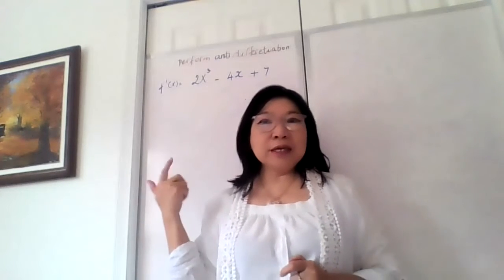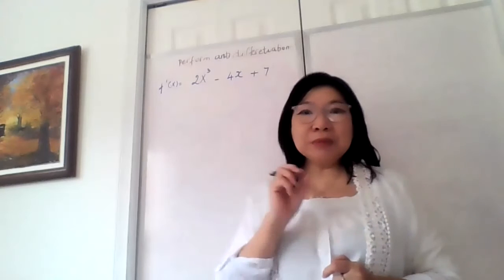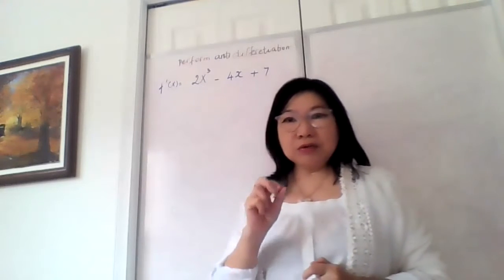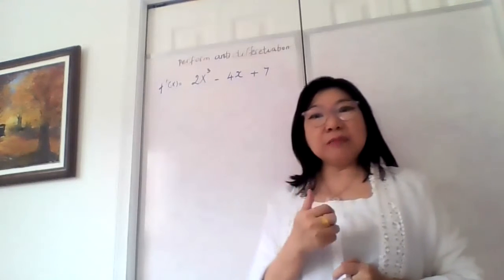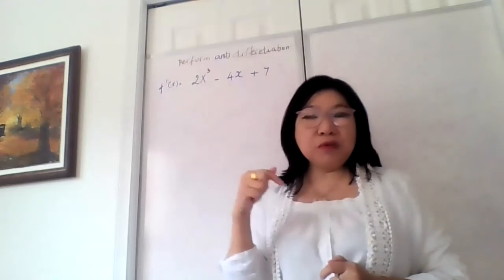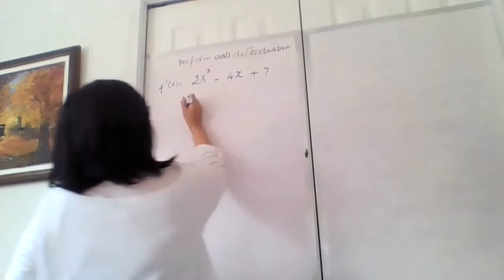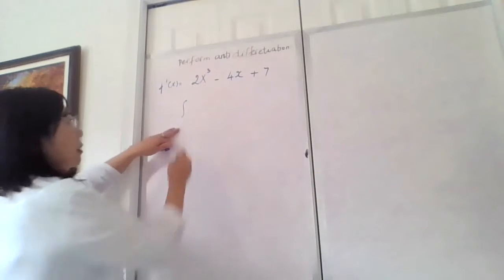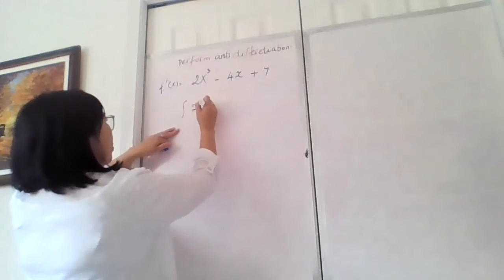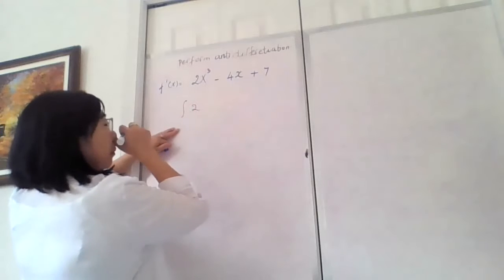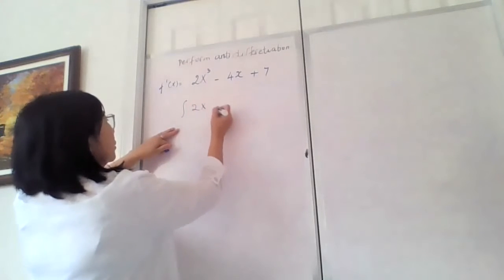Before I get into how to do this, let me remind you about the original question. We're talking about going back, moving backward. So remember, this is the notation of antiderivative, and we have a function of 2x.